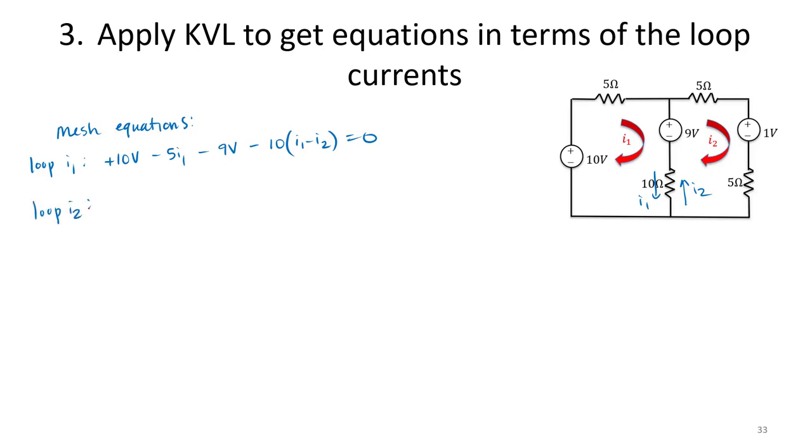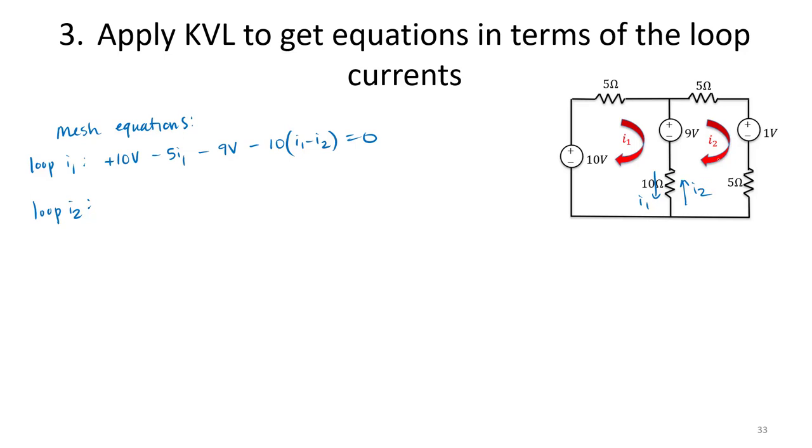Notice how I was able to come up with that mesh equation fairly quickly. Once you get comfortable with mesh analysis, it should be pretty quick and easy to write these mesh equations. So keep practicing until it gets comfortable.